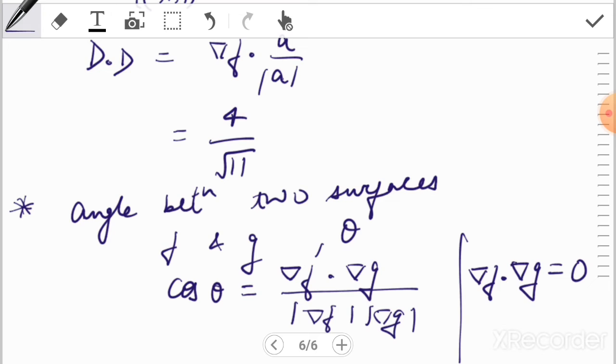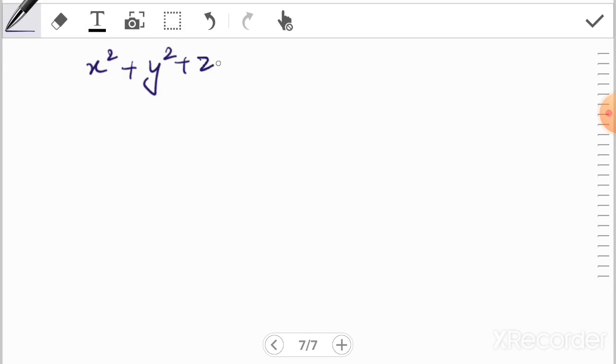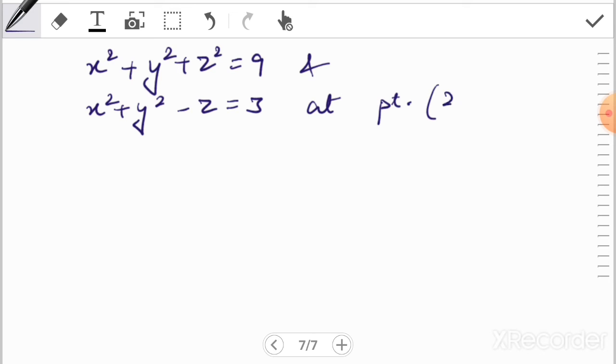So let us understand this with an example. Find the angle between the surfaces x square plus y square plus z square equal to 9 and x square plus y square minus z equal to 3 at the point with coordinates given as (2, minus 1, 2). So let us find gradient f.